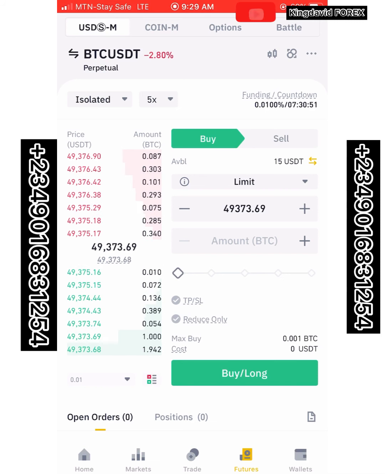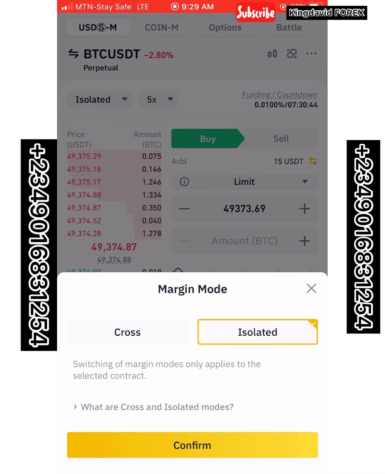Now, the next thing you need to understand is this isolated and cross. Please, our advice, always make sure that you are on isolated, not on cross. Let me explain why. In isolated mode, it's going to use only the money you are using to trade alone.